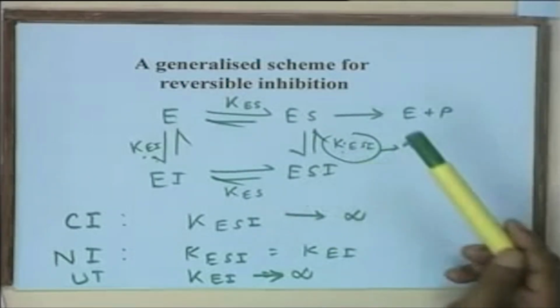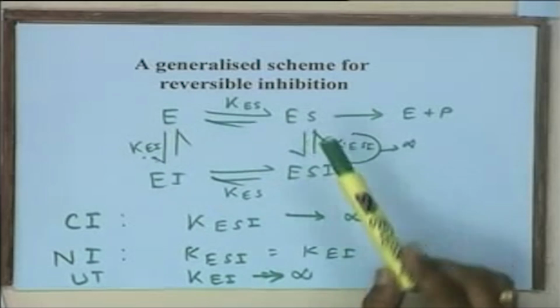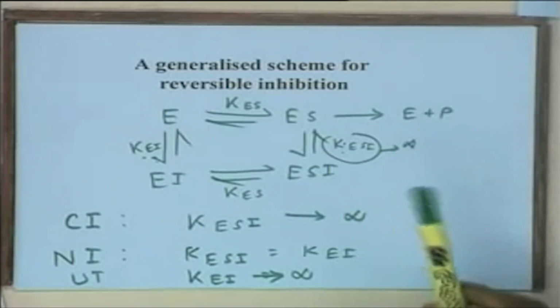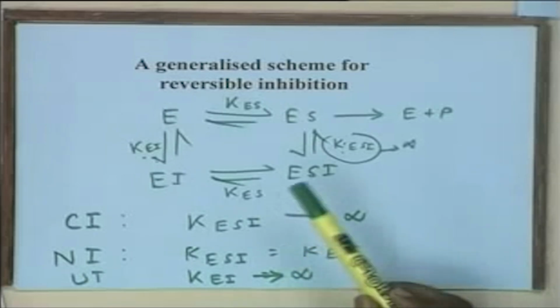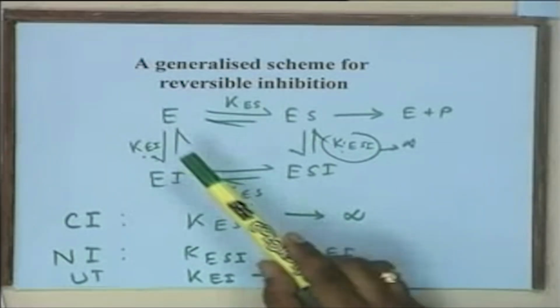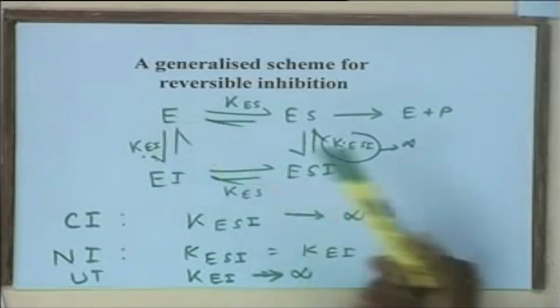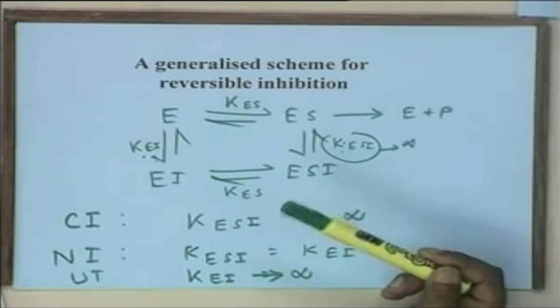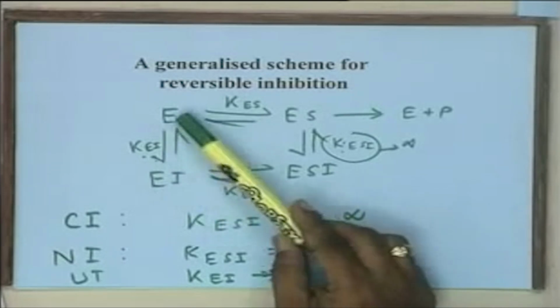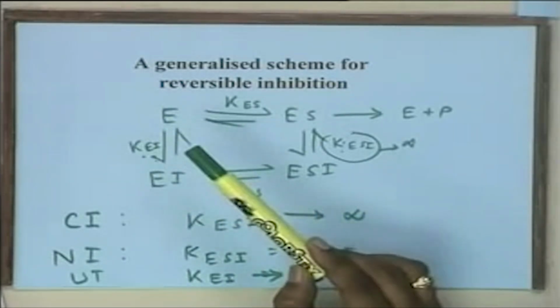In the case of a mixed inhibition, they are not identical, but they have a finite magnitude, and both are related by a ratio of alpha, which essentially determines the degree of inhibition. In the case of uncompetitive inhibition, the dissociation constant for the binding of the inhibitor to the free enzyme again approaches infinity. That means binding to the free enzyme is not feasible.